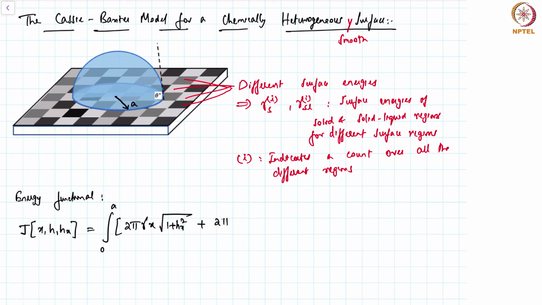Now we have to integrate over the entire region where the droplet is making contact with the surface. That's the wetted region on the solid surface. So this will be 2 pi x. But now, if I have n number of checkerboard patterns, then I'll have to sum from 1 to n.